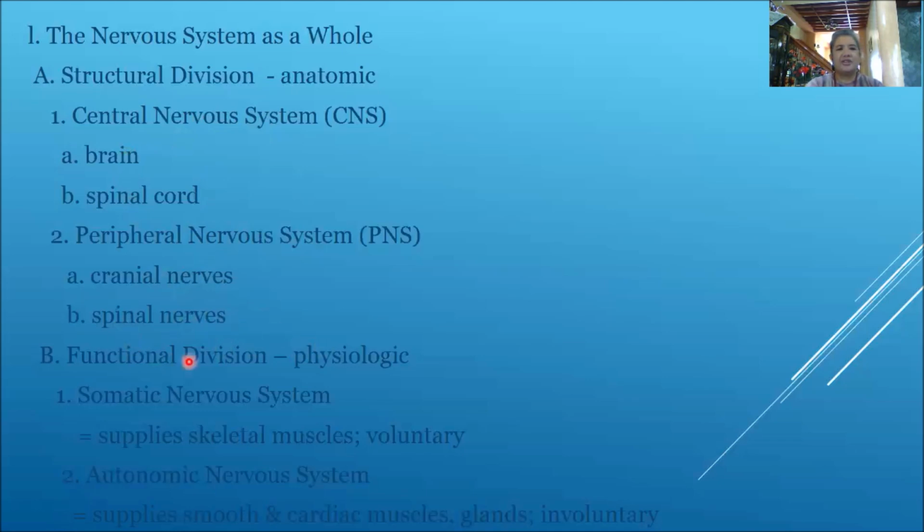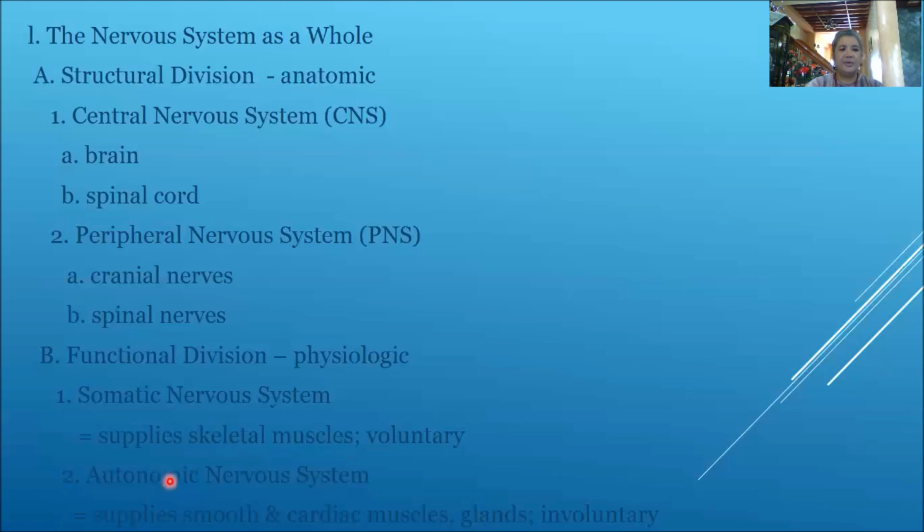With regards to the functional division of the nervous system, this is physiologic. The function of the nervous system could either be somatic or autonomic. Somatic are those nerves or the structures of the nervous system which supply the skeletal muscles, and they have a peculiar characteristic of being voluntary.